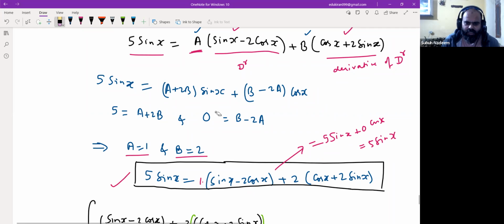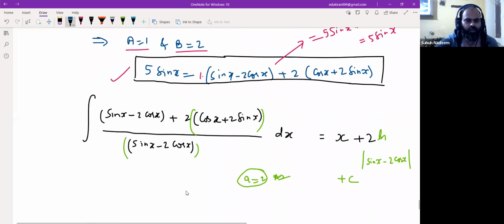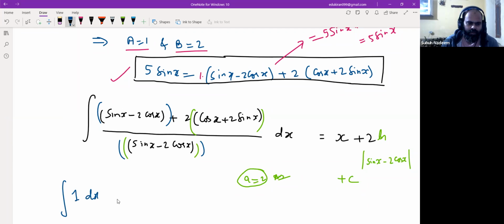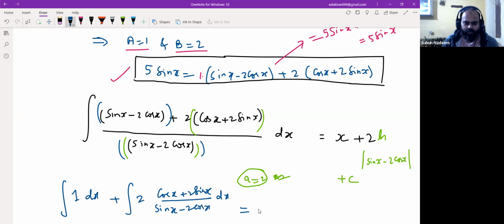Now, what is the use of writing it like this? That if you write 5 sin x like this, when you integrate, you divide this with this separately, you get the integration of 1 dx, and you divide this by this separately. It will be x plus 2 times.